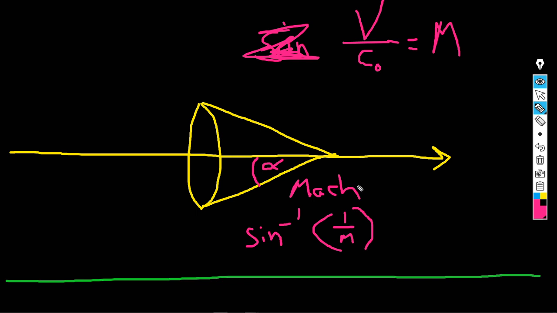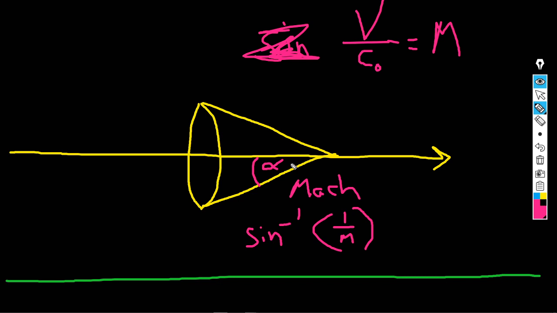For Mach 3, the angle is somewhere on the order of 19 to 23 degrees, let's say. For Mach 2, it's probably approaching 30-some degrees. For Mach 1, it's 90 degrees. So as the bullet slows down, this cone shape becomes broader and broader.